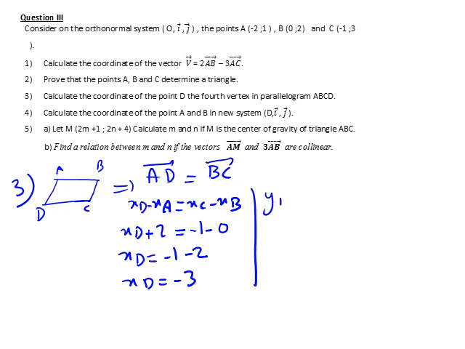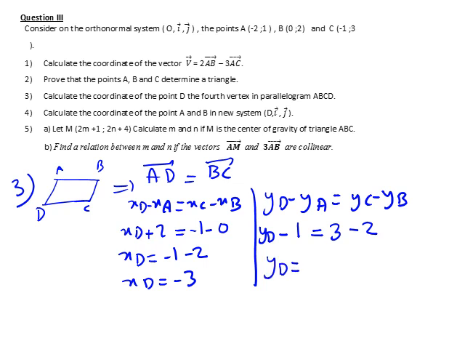Now YD minus YA equal YC minus YB. YD minus YA 1, YC 3 minus YB 2, YD equal 3 minus 2 plus 1, YD equal 2. So the coordinates of D are minus 3, 2.